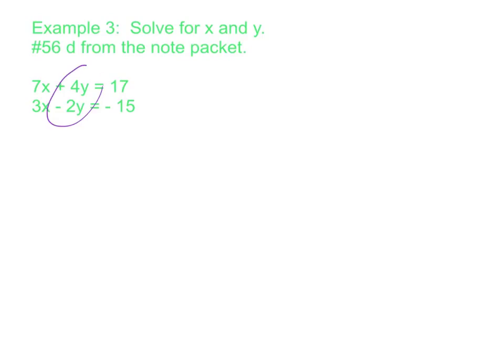I have a positive 4y and a negative 2y. Remember, the goal is to get them to be the same coefficient but opposite signs. So we already have a plus and a minus. Now we have to somehow change this bottom equation to make it a negative 4y. So going from negative 2y, we can multiply the whole thing by 2.